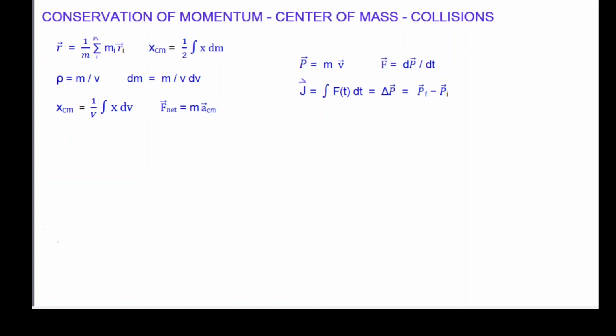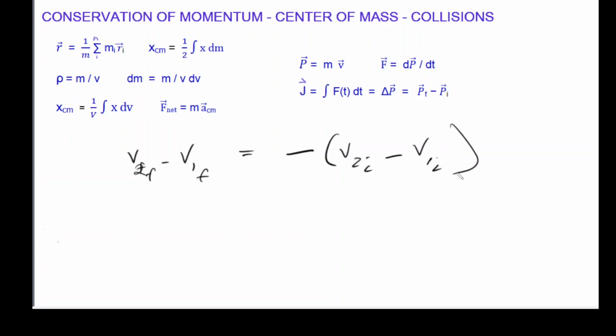Another equality in elastic collisions is that the relative velocity of the two objects stays the same after the collision, but in the opposite direction. In other words, if you have two masses, the final velocity of the second mass minus the final velocity of the first mass, meaning the relative velocity, is equal to minus the initial velocity of the second mass minus the initial velocity of the first mass.